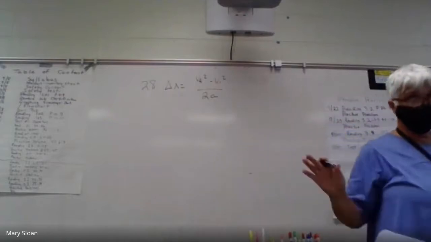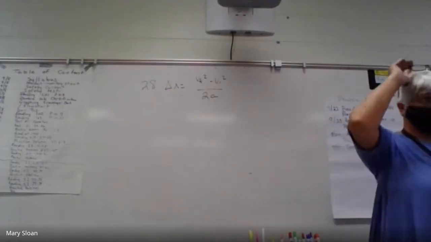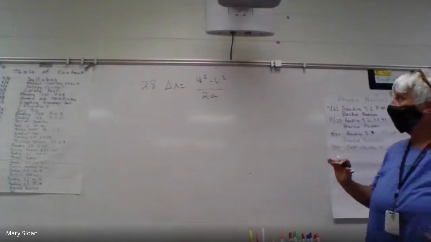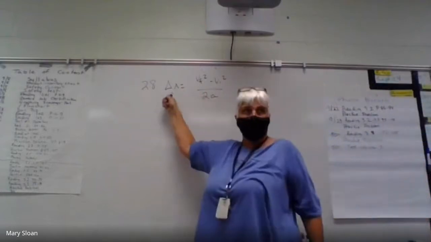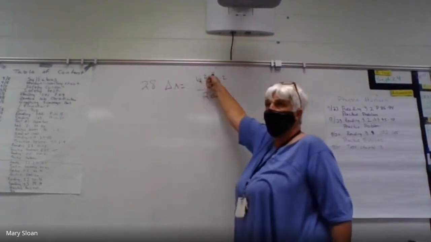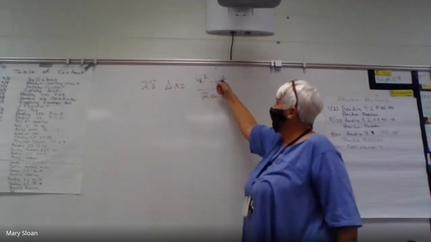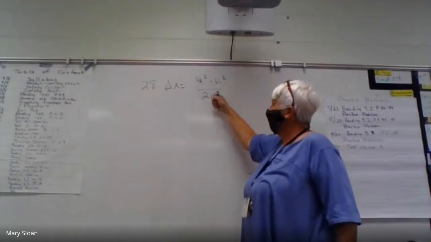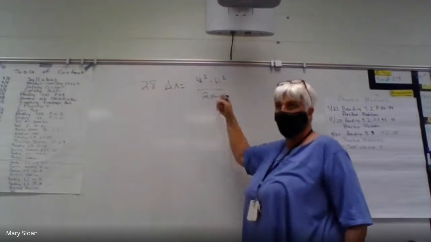This is different, right? Because it's a stop and a stop motion. It says change in position is what you're looking for. Velocity final squared minus velocity initial squared divided by 2 times acceleration.